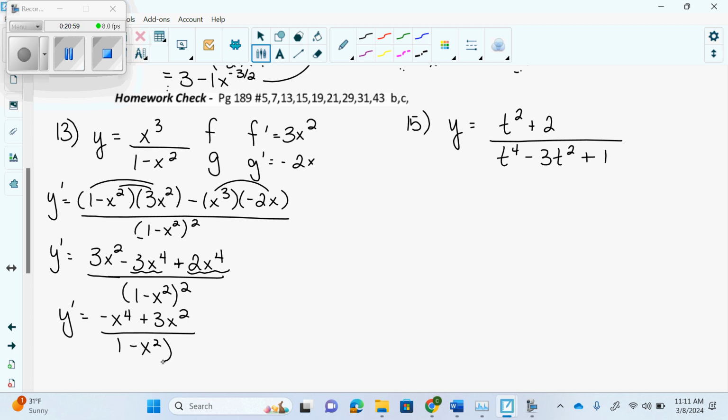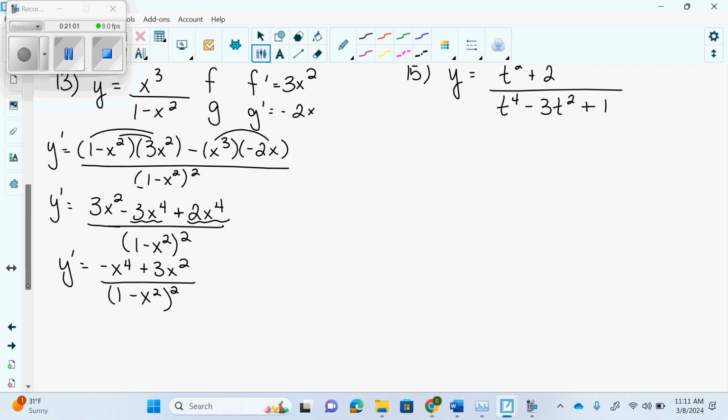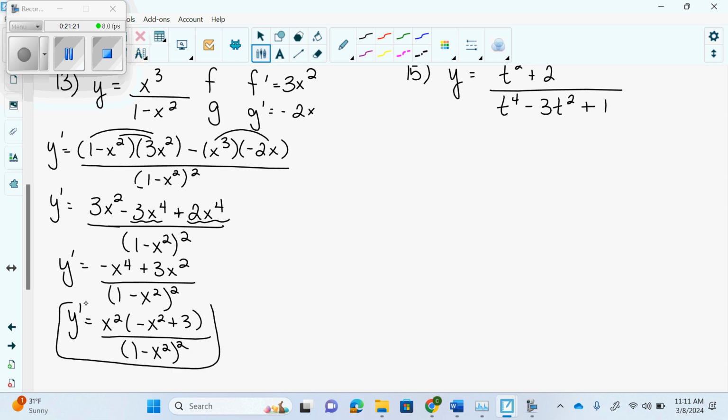Is there anything I could take out in the numerator? X squared. And we will want to take that out for critical numbers for the next unit, because critical numbers will give us our max, mins, points of inflection, where they exist.